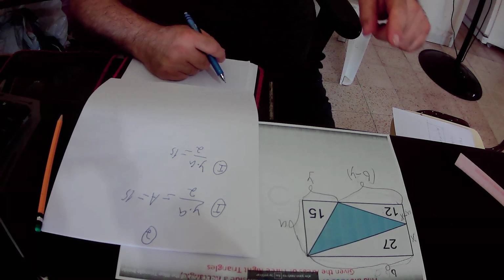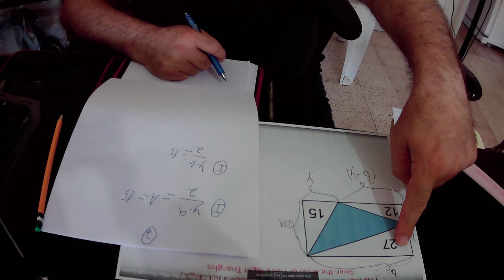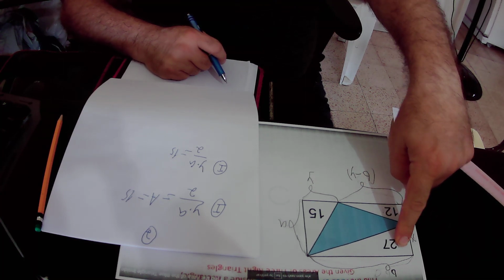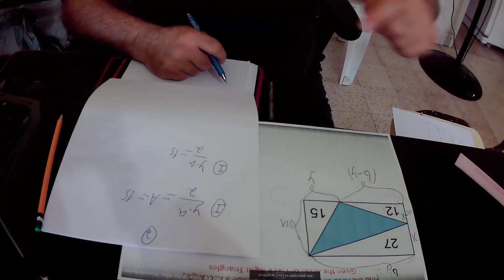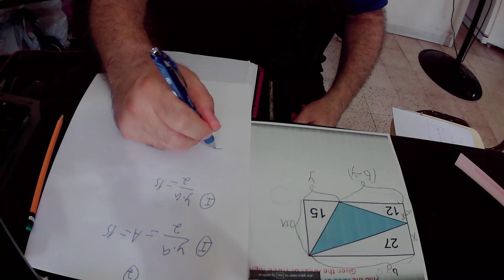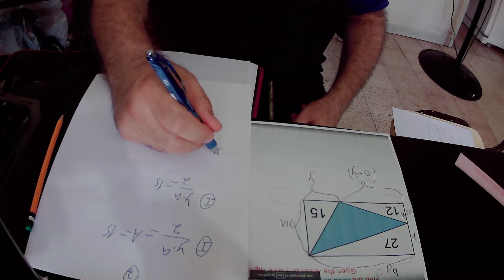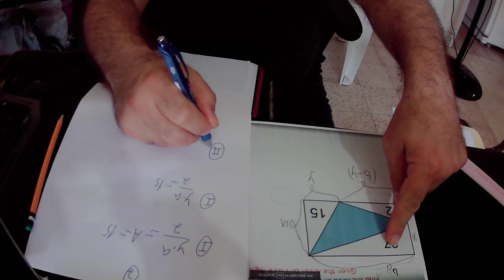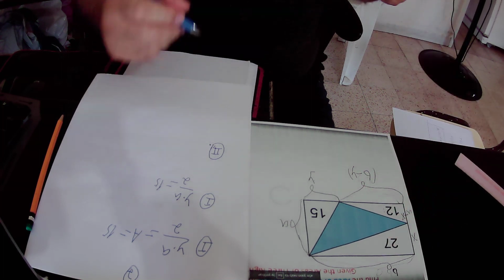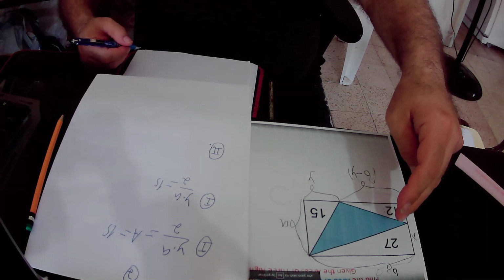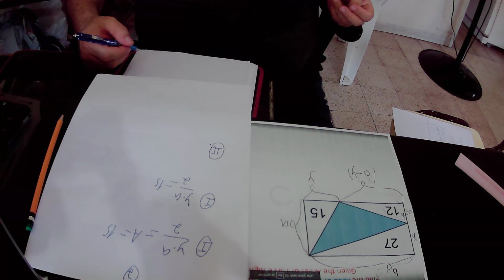Now we will move to this right triangle and we will create the formula for the area of this triangle. Actually, we do know that the area equals 27 units, but we want to create the formula for this area.